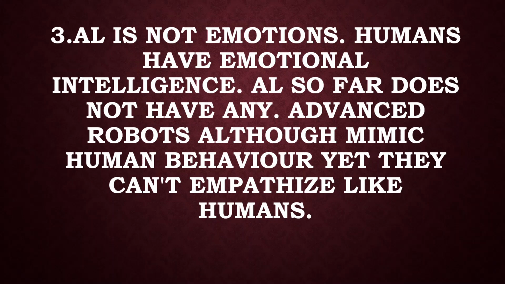Humans have emotional intelligence, but AI so far does not have any emotions. Advanced robots, although they mimic human behavior, cannot empathize like humans. An example of modern-day robots is Sophia. They try to mimic human behavior, but they do not have emotions.